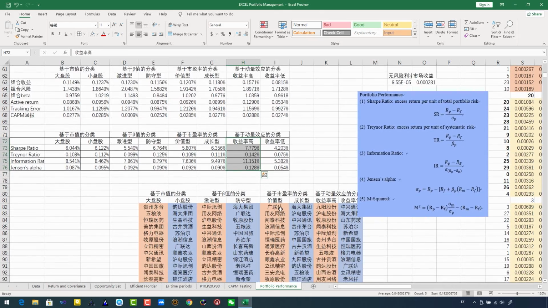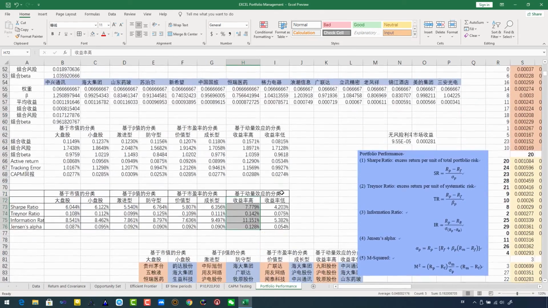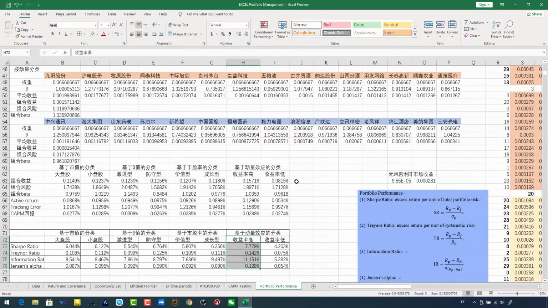I showed you how we can construct a portfolio based on different scales, like market capitalization, beta, P/E ratio, or momentum effect, and then calculate the portfolio performance measures and do the portfolio performance evaluation.